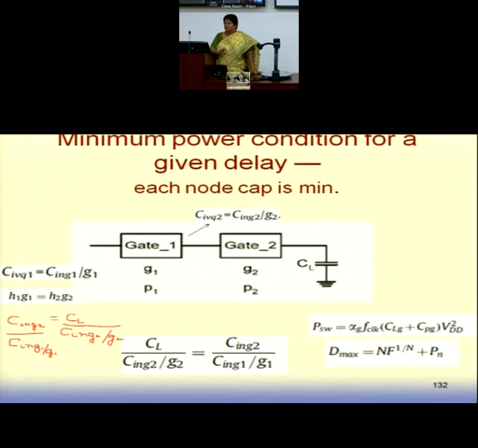Remember, in that equation, I have not included the power consumption at the intermediate nodes. Because that equation is only for the output node. That P normalized is only for the output node. When the output node is switching, there is a power consumption. I am not taking into account the internodal switching power.